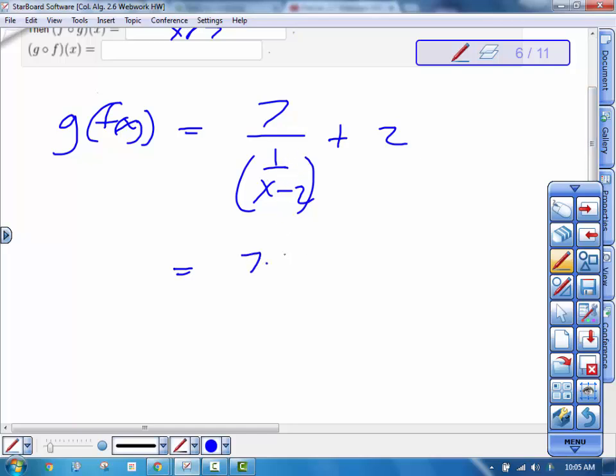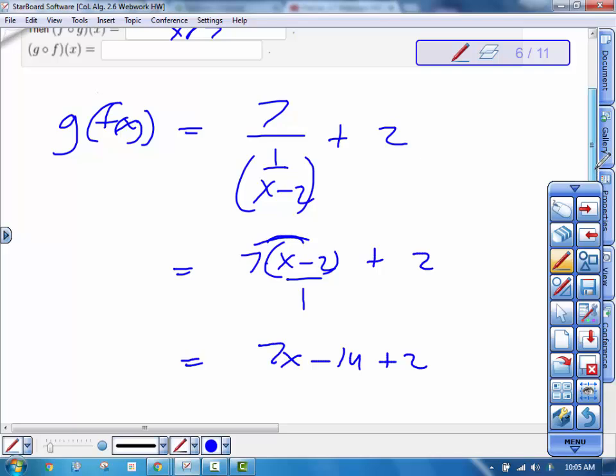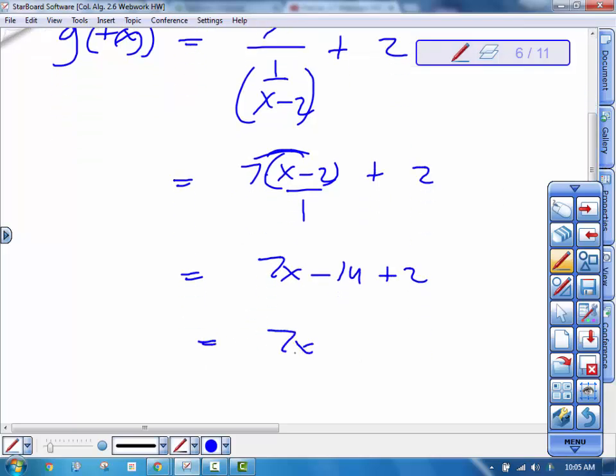So I'll multiply by x minus 2 over 1 instead of dividing by the reciprocal. I can distribute 7. 7x minus 14 plus 2 is 7x minus 12. And that is my answer for g of f of x.